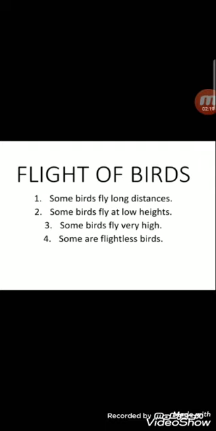So these birds are known as flightless birds. For example, ostrich, emu, kiwi, penguin. Penguin is a bird which is small in size, but it has feathers, or you can call them flippers, which help them to swim in water.